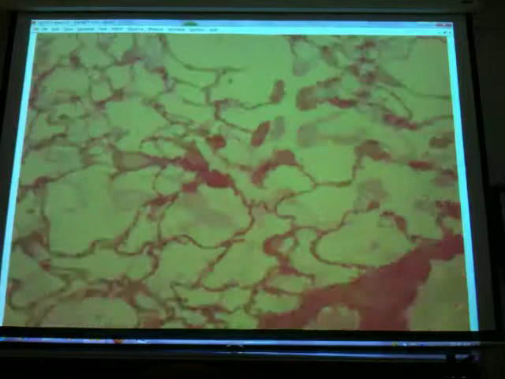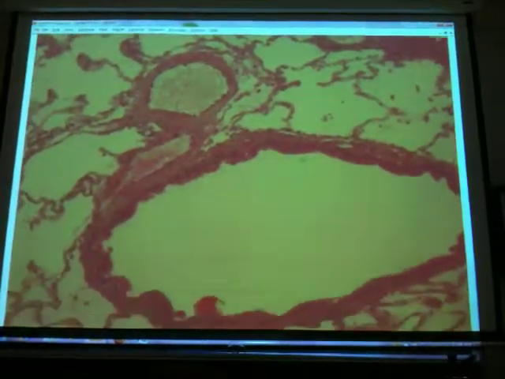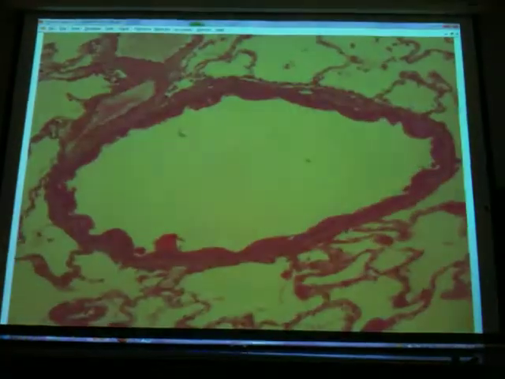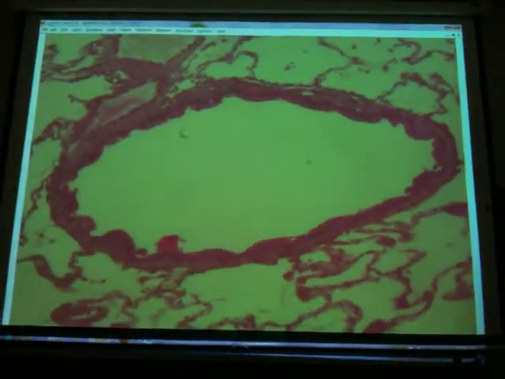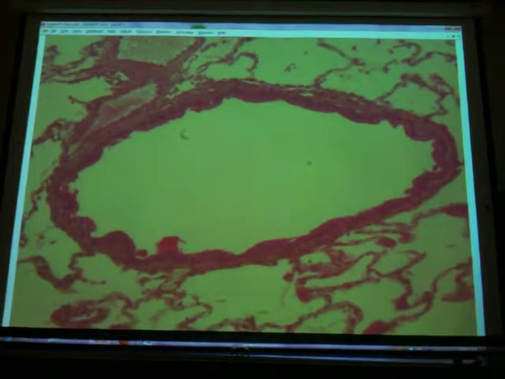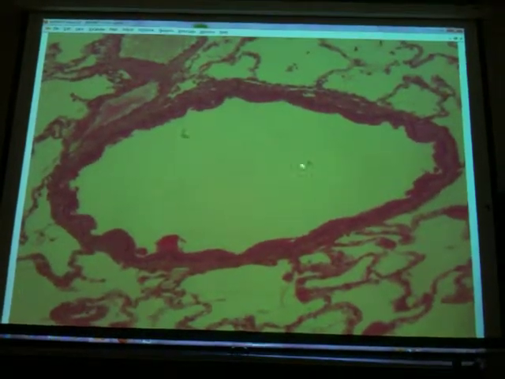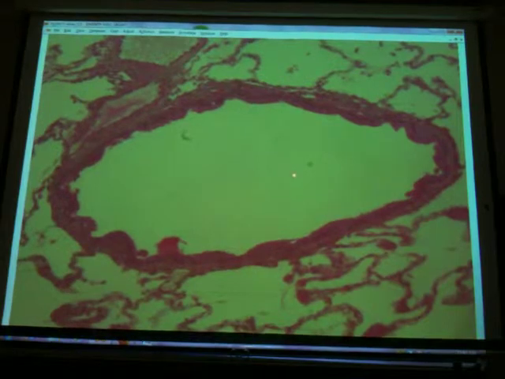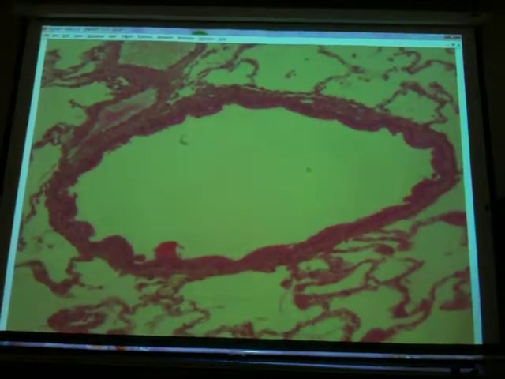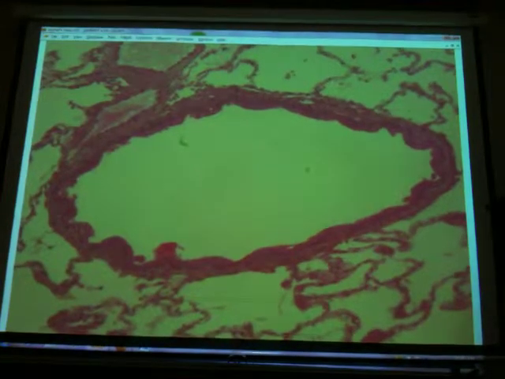Let's take this one right here. Okay, I'm looking at slide 4883. This is an airway, and our choice is bronchus or bronchiole. I don't see any cartilage.